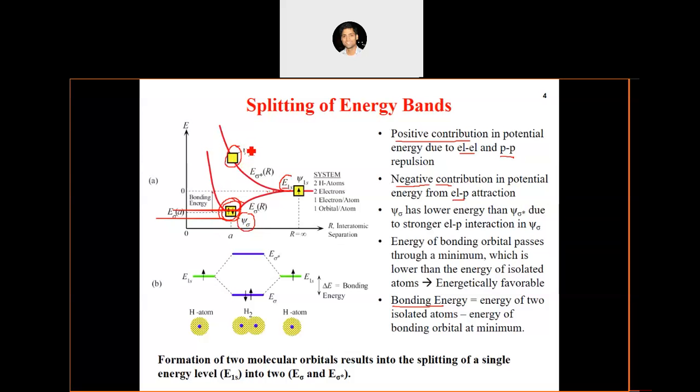Although it is not occupied, both the electrons have occupied only the bonding molecular orbital, but we have also formed another molecular orbital which has a different energy. So we have actually split one single energy level into two energy levels. This is also known as splitting of energy bands. There was a single energy band, E1s, and now it has been split into E sigma and E sigma star. This is called band splitting, or the splitting of the energy band. Any questions so far?